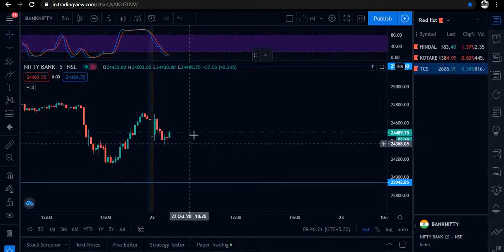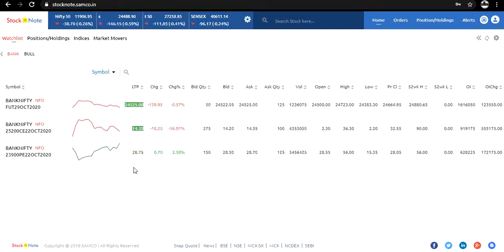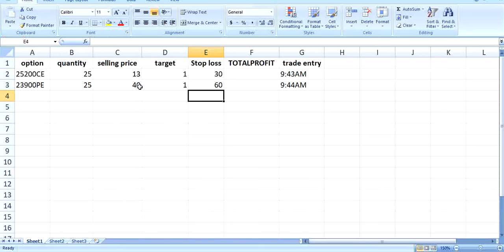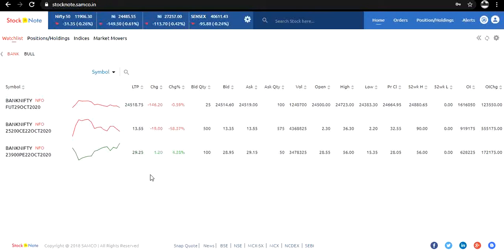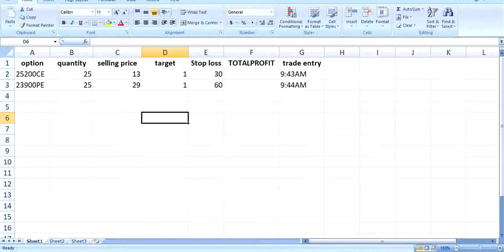So traders, let us modify it to market price. Currently it is trading at 27, 28. We will place our order at 29. So our order selling price will be 29.